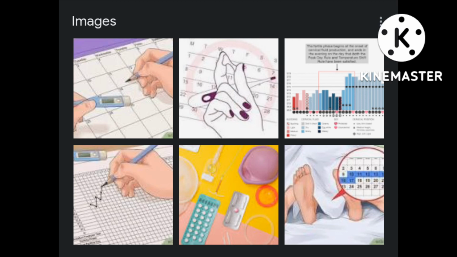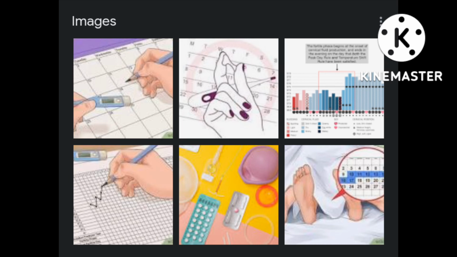You take your temperature in the morning every day before you get out of bed. The cervical mucus method: you check your cervical mucus or vaginal discharge every day. The calendar method is you chart your menstrual cycle on a calendar. So it's the same on the three natural methods.